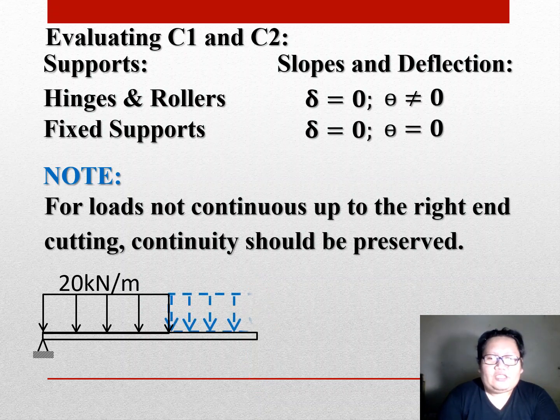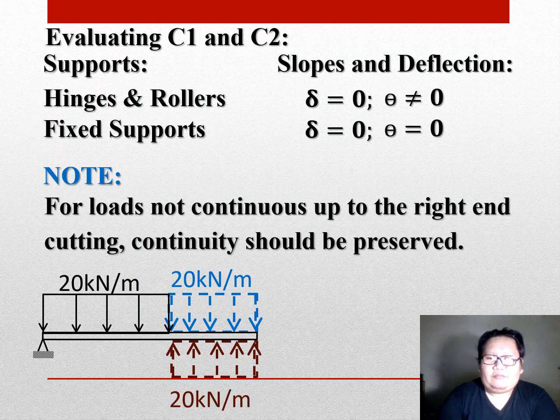How? We just have to extend the same amount, which is 20 kilonewtons per meter, up to the right end. And since we're adding that amount, we have to subtract the same amount. As you observe, both are of different directions, but of the same intensity. How about for triangular loading?